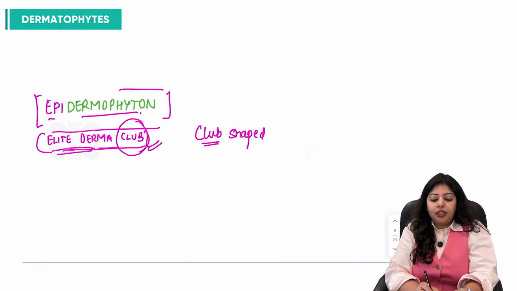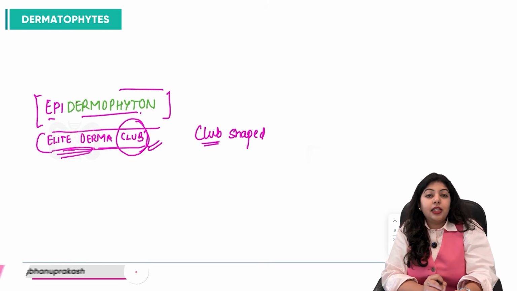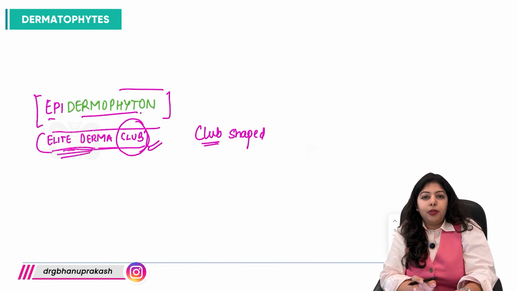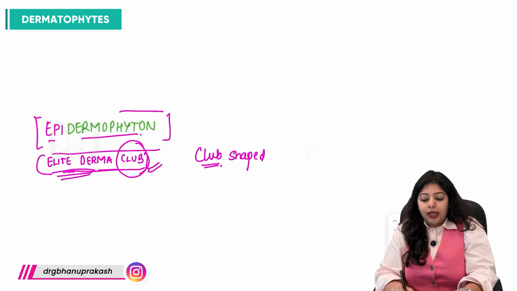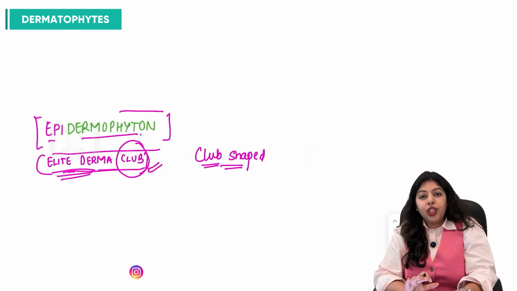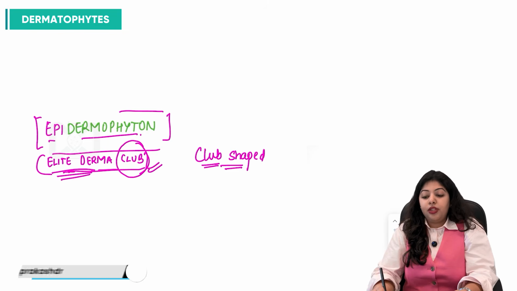And the elite derma clubs, these are not meant for the normal population, so very less amount of people would be there, selective people would be there, right? So club would be present, macroconidia would be present, and these are going to be club shaped, whereas microconidia would be absent, right?